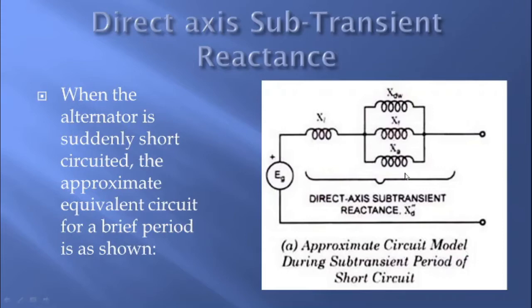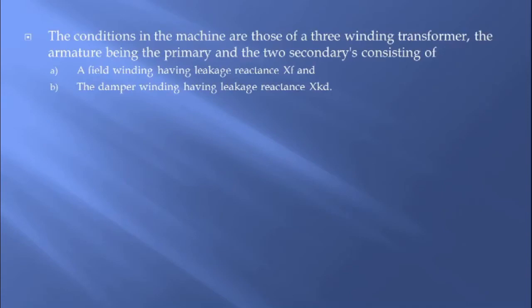After the sudden short circuit, the overall reactance appearing is XL plus the parallel combination of these three reactances. You already drew this circuit in the last class, so we'll just quickly recap this part of the PPT.